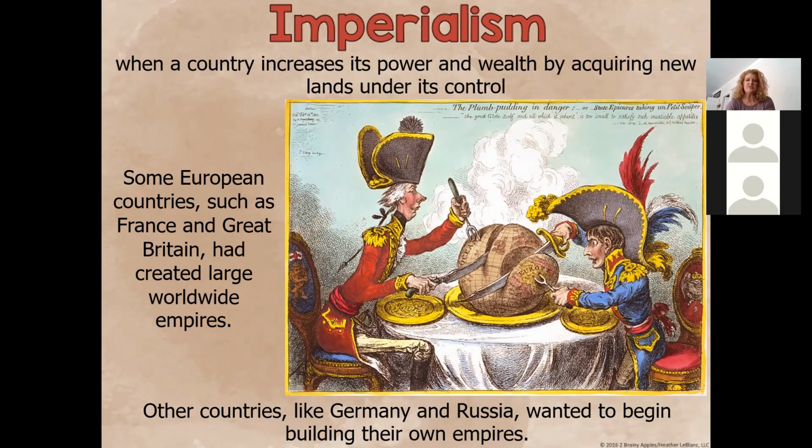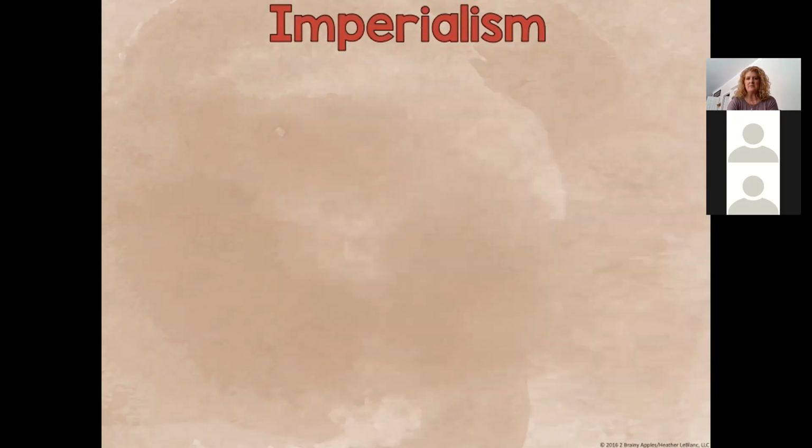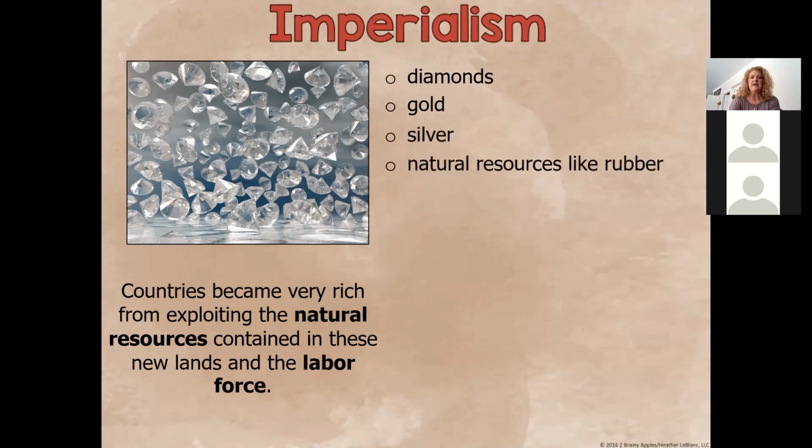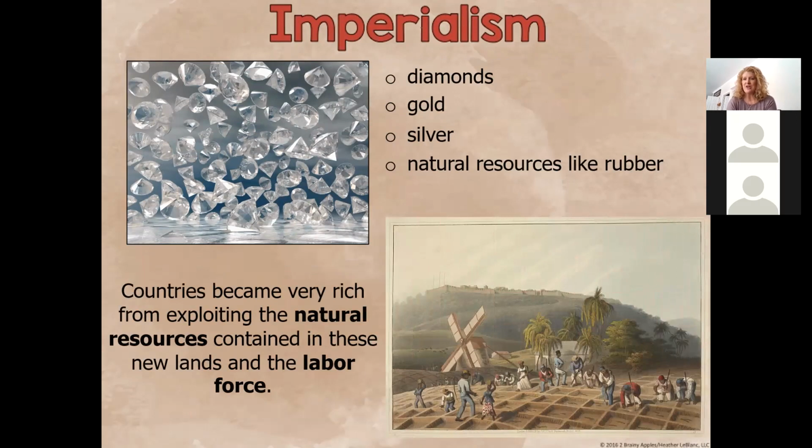So Germany and Russia also wanted to begin building their empires, because countries were becoming very rich from the natural resources they were able to extract from their colonies. They were getting these lands as well as a very inexpensive labor force of the local people as they took over.